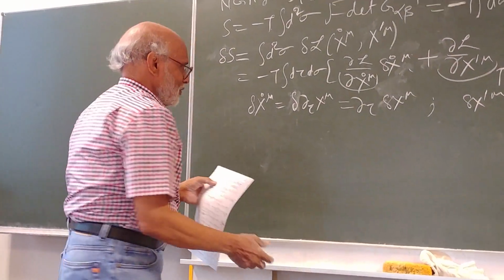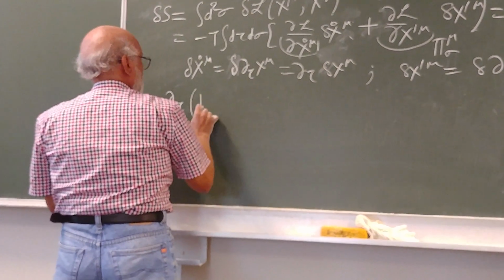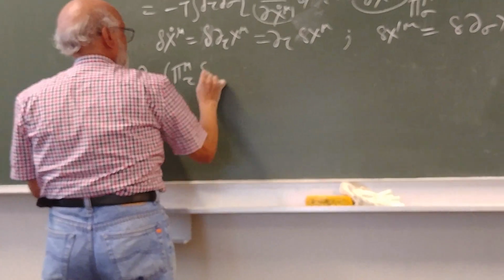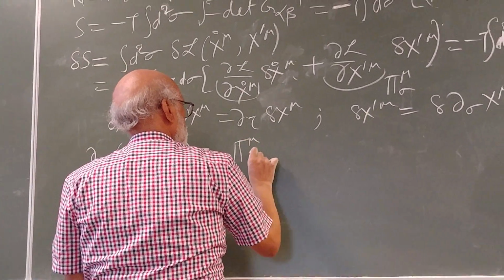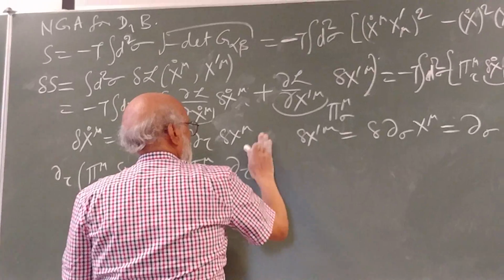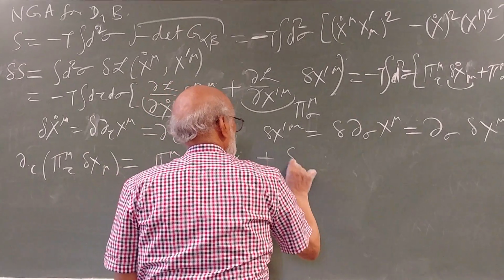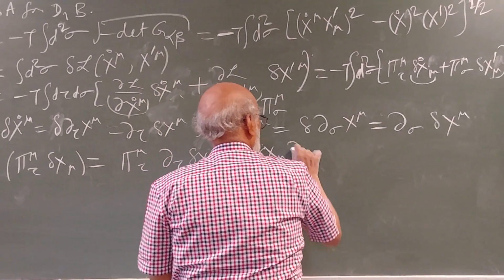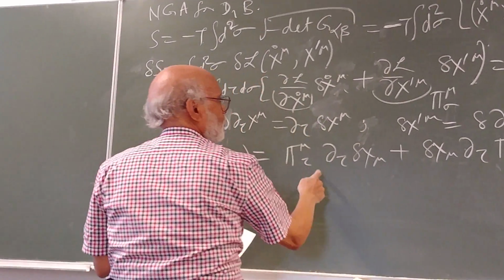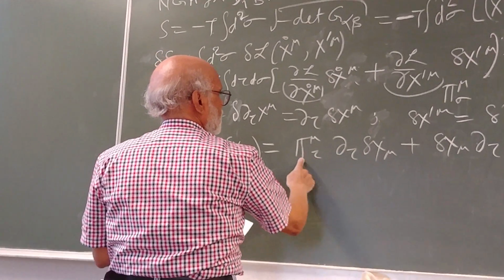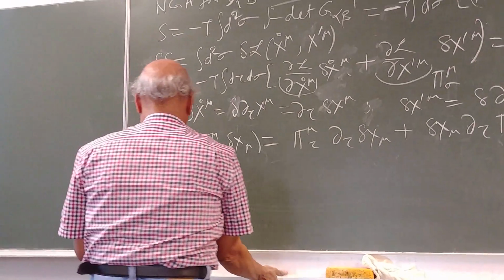So now del tau of pi mu tau delta x mu is equal to pi mu tau into del tau of delta x mu plus delta x mu del tau of pi mu tau, and therefore the term we are interested in is this minus that.